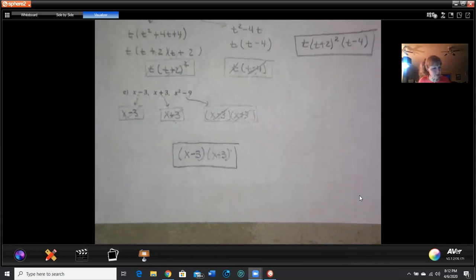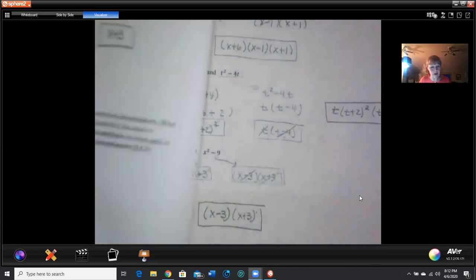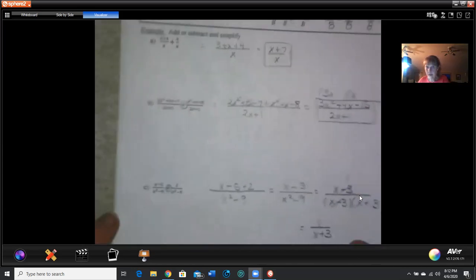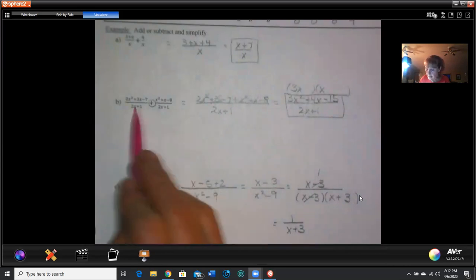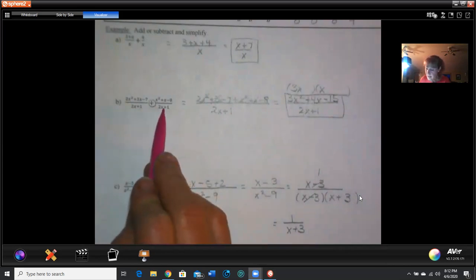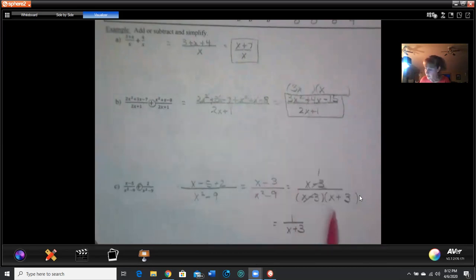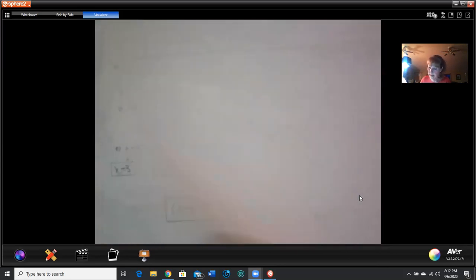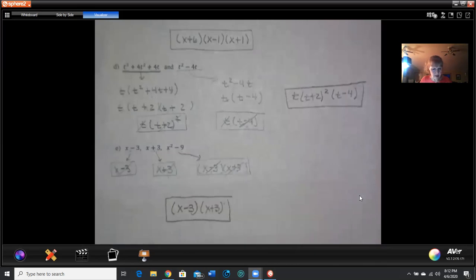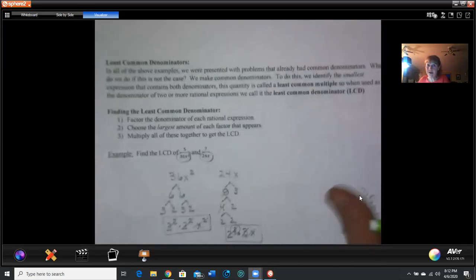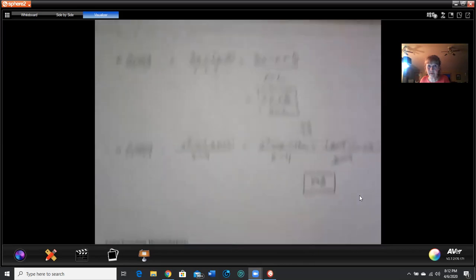So all you need to do for this section 7.3 is make sure that you know how to add. When you're adding, if it has a common denominator, which in this section it will, you just add the numerators, and sometimes you may have to simplify. You may have to do some factoring and simplifying, but again, it's just adding the numerators. And subtraction can sometimes give you fits.